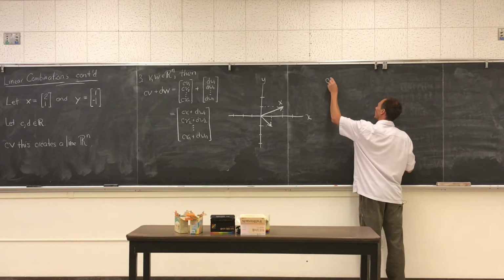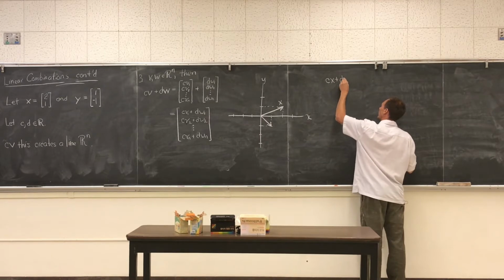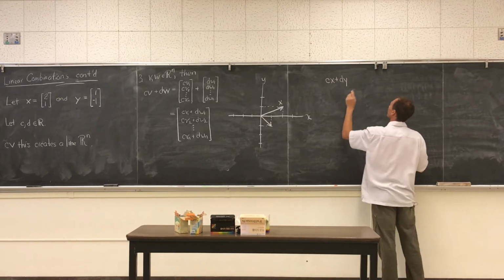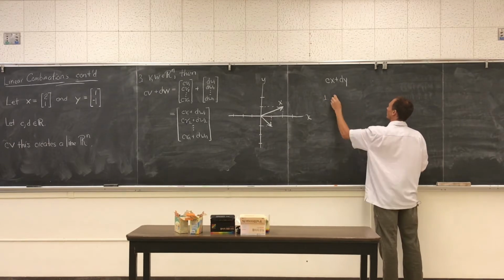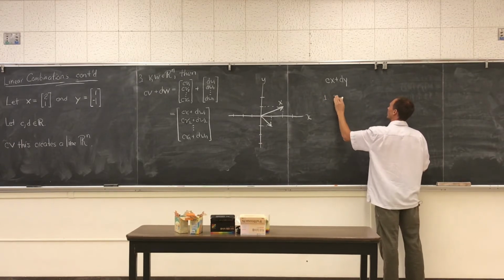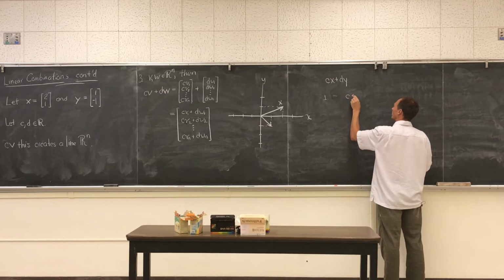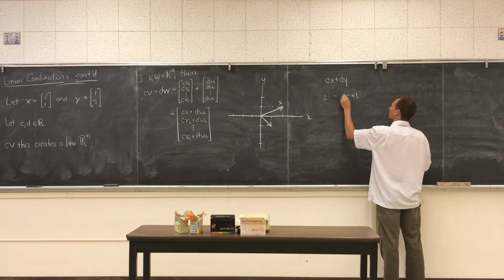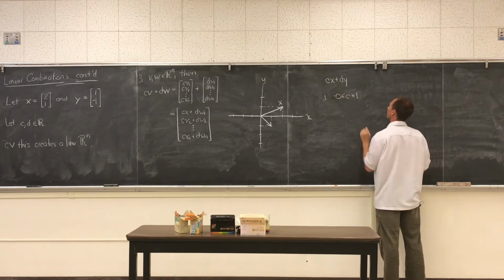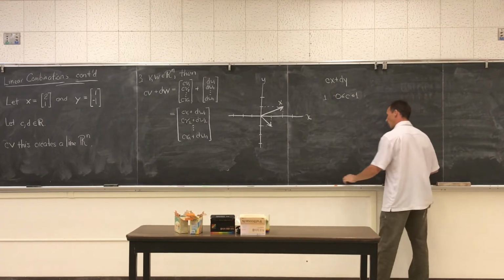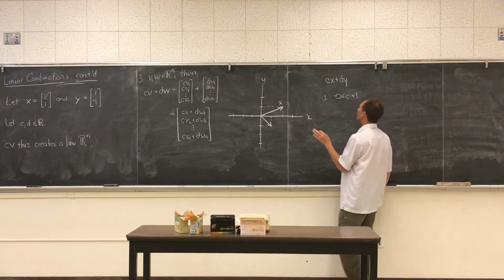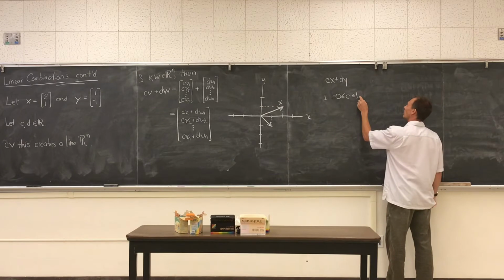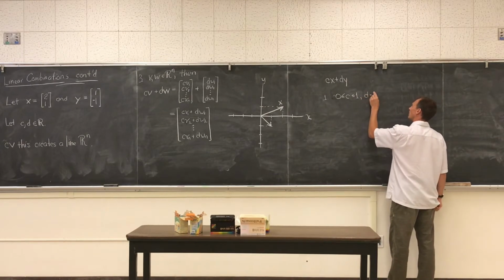So say we have the linear combination of Cx plus dy, and we're going to look at some cases. The first case is we're going to let C be less than or equal to 1 and greater than or equal to 0. Okay? So what happens in this first case? If I add these two, and let's also let d equal 1.